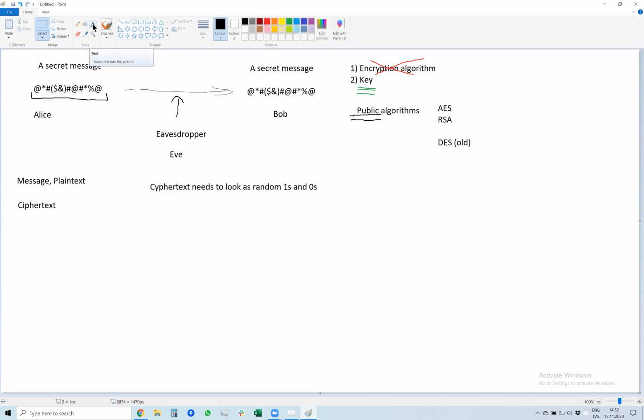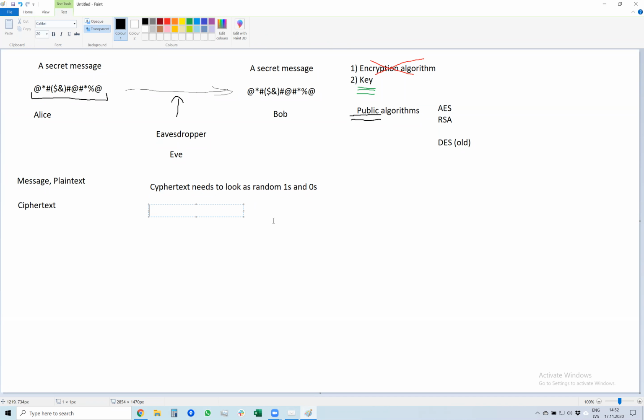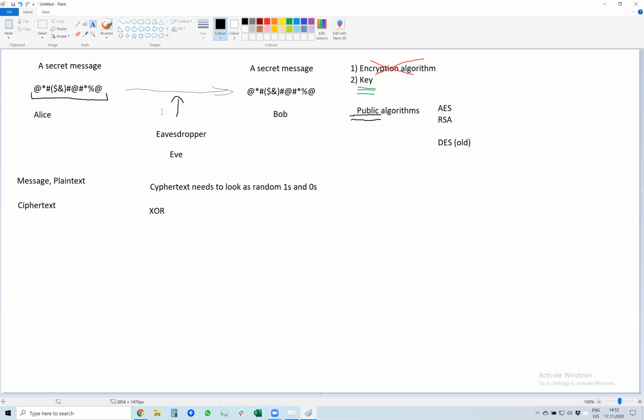Actually, the tool that is being used in cryptography is the XOR binary function. So do you know what is XOR? It is exclusive OR.